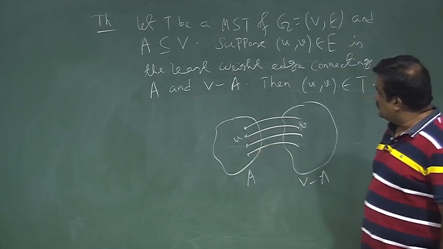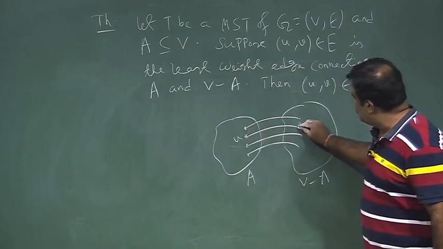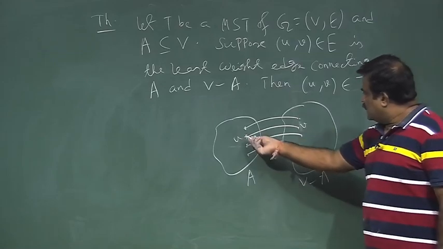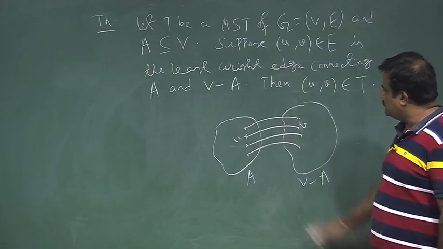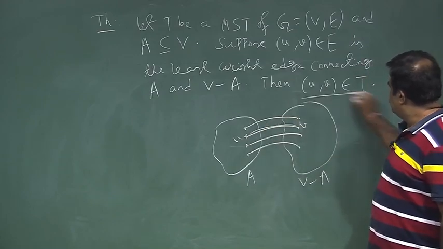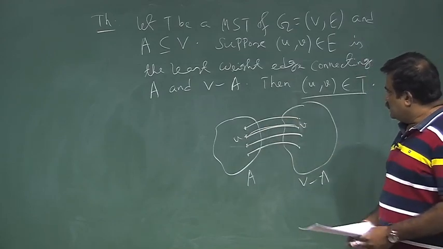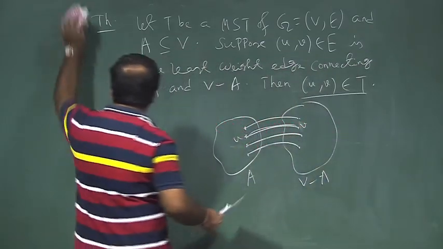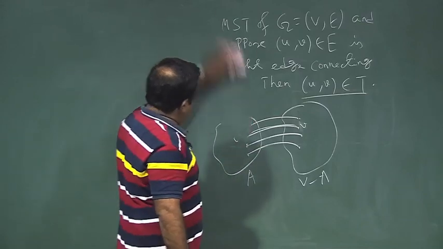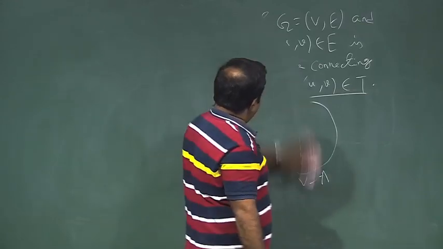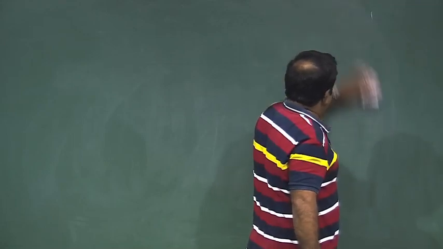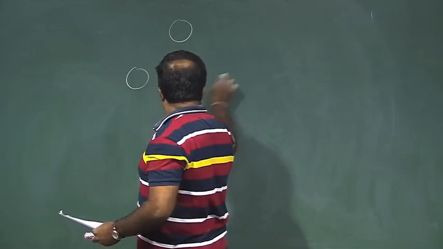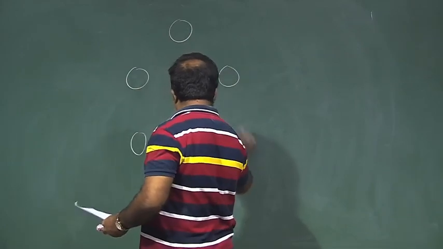So this is telling us that the bridge edge UV which is the minimum among all the bridge edges must be in the minimum spanning tree. Prim's algorithm is based on this theorem. Let us take the earlier example we discussed in the last class and draw the graph.